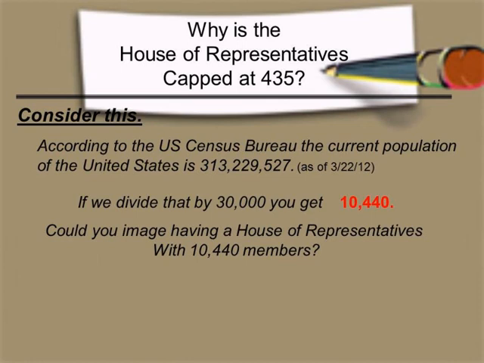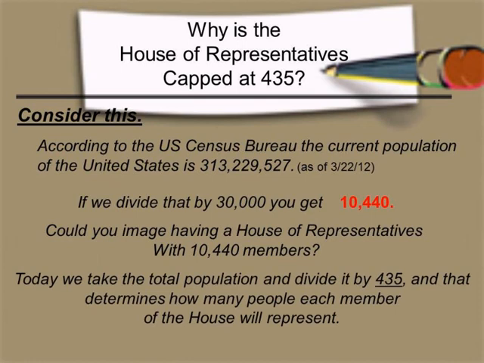So today what we do is we take the population every 10 years and we divide that population by 435, and that determines how many people each member of the House of Representatives will represent.